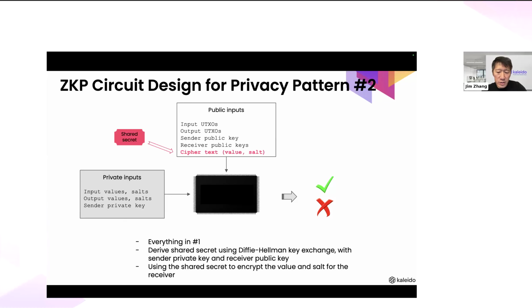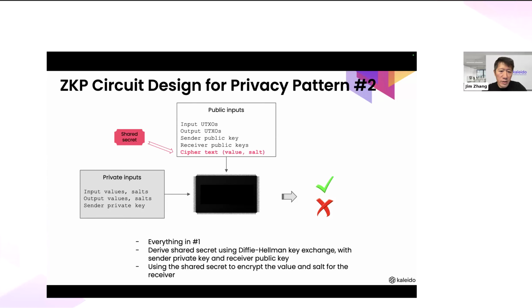We need to convince the smart contract that this bunch of gibberish was actually an encrypted value that's guaranteed to be decipherable by the receiver. So that's a critical part because you can send a bunch of gibberish, right, to the smart contract, and nobody knows if it can actually be decipherable by the receiver.